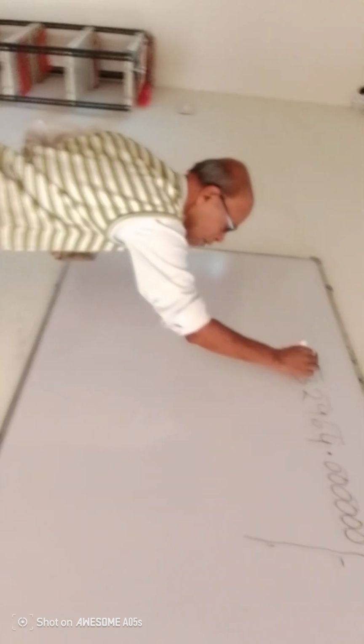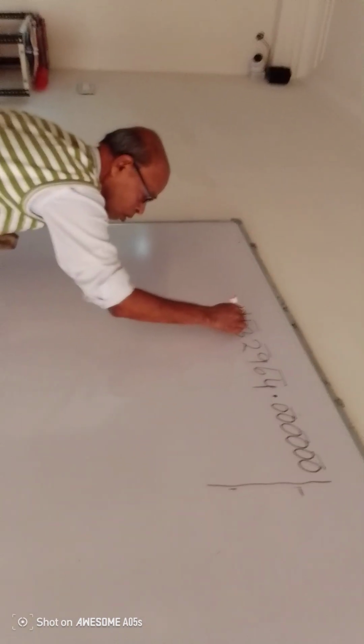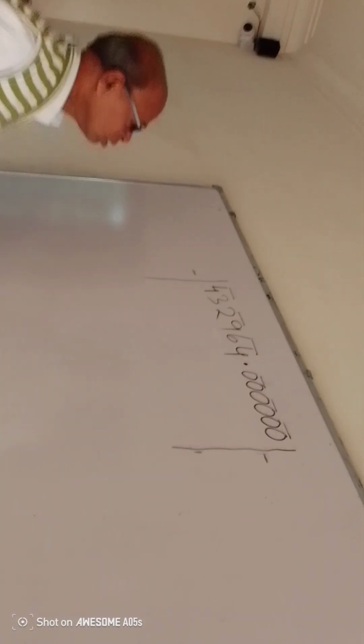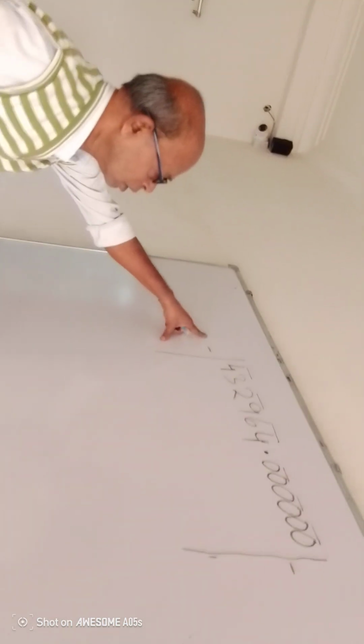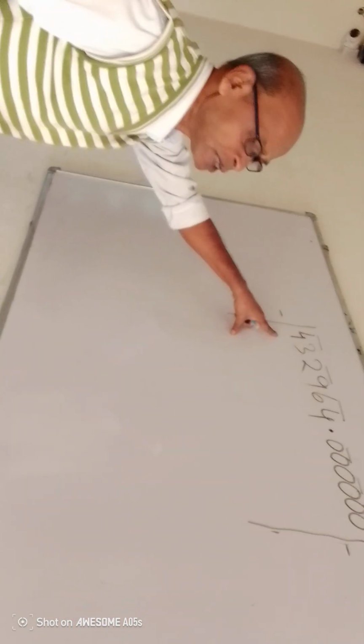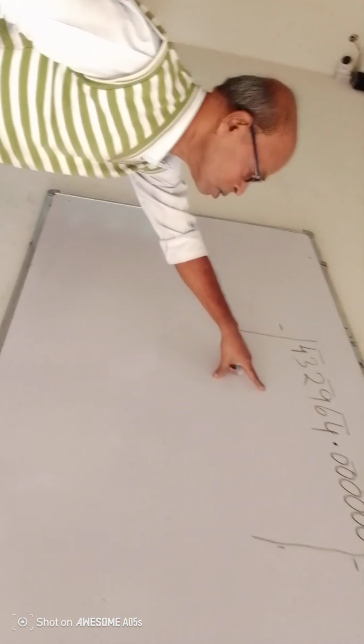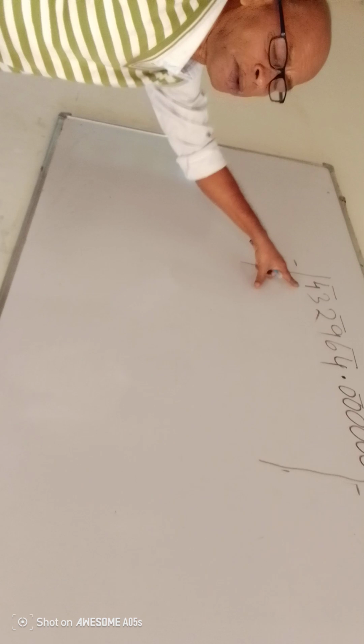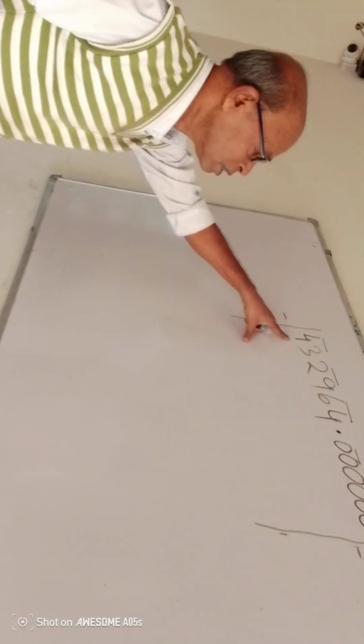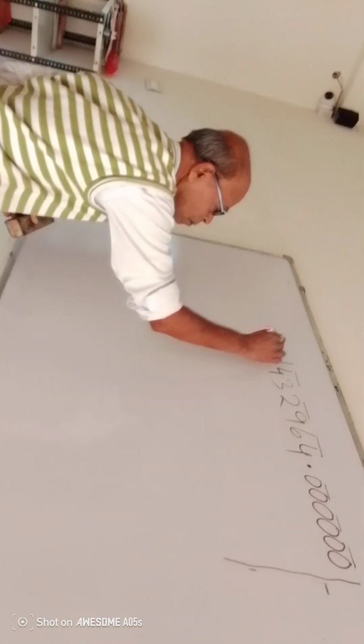Now, first I will divide 43. Which number will I take? 5 into 5 is 25, 6 into 6 is 36, 7 into 7 is 49. 7 into 7, 49, is becoming more than 43. So here we will take the number 6.